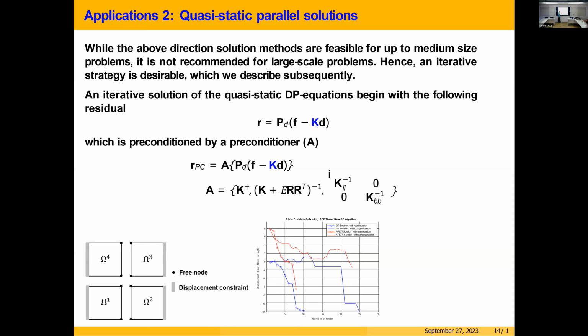So the DP with the appropriate preconditioner gives you much higher accuracy than FETI in this case. The reason is, as I said yesterday, we are solving for the displacement, whereas in FETI, you are solving for interface force first, and then use that interface force to get the displacement.